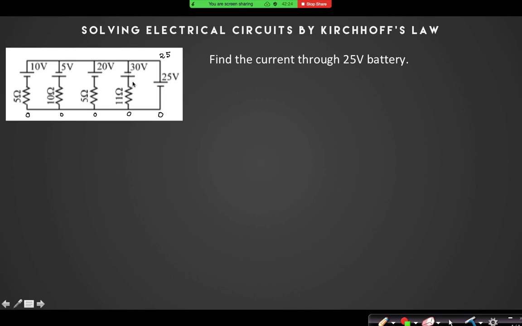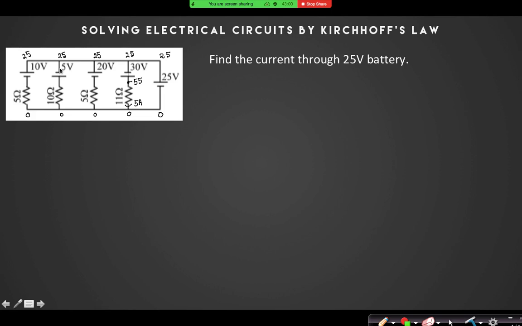So if this is 25 volt, all these upper potentials are 25 volt. If this is 25, what is the potential of this point? 55, 25 plus 30, because the potential increases. So if this is 55 and this is 0, what is the current in that branch? 5 ampere.